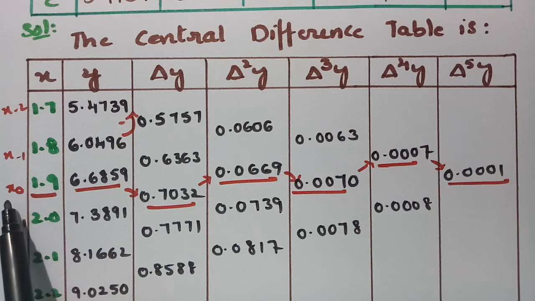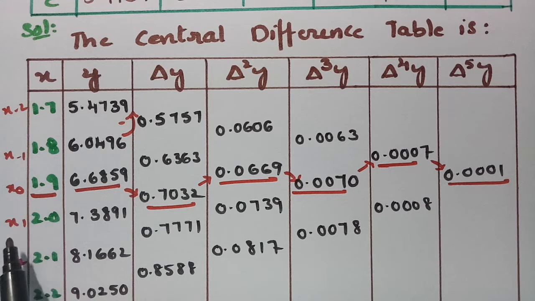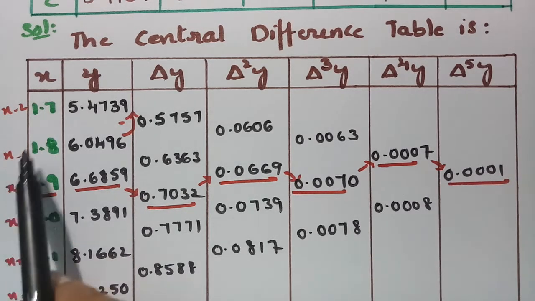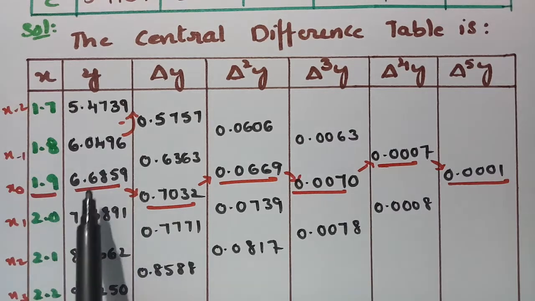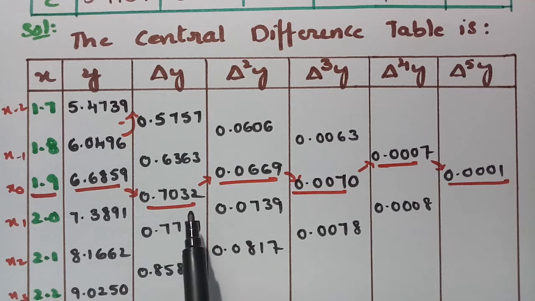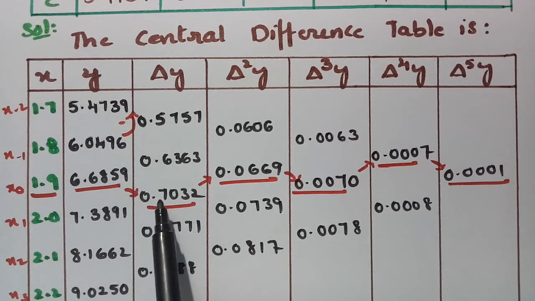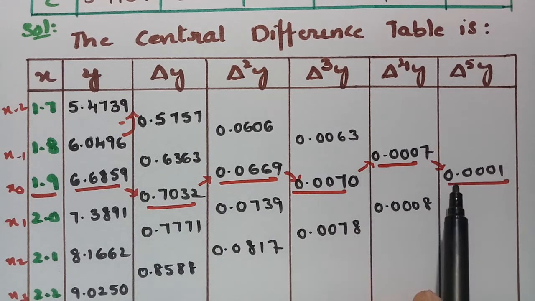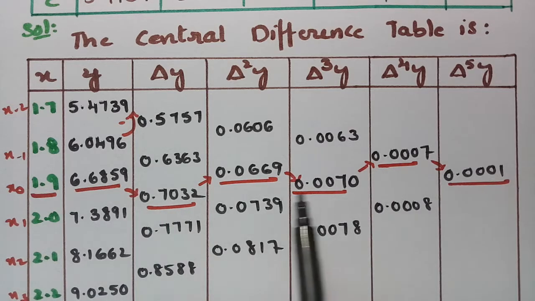So I have chosen this one as x0. After that, this will be x1, x2, x3, and these will be x minus 1, x minus 2. And this value is y0. As I'm using Gauss's forward difference formula, I'm using the forward values here, which are needed for substitution in the formulae.